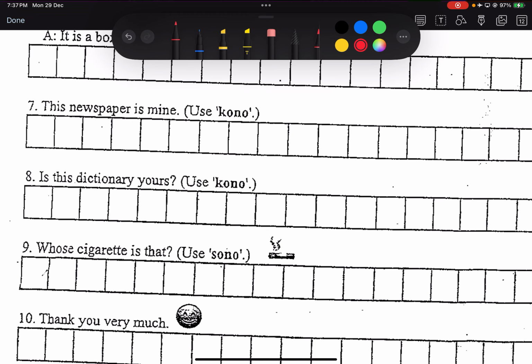It's supposed to be 私. How do you say I in Japanese?